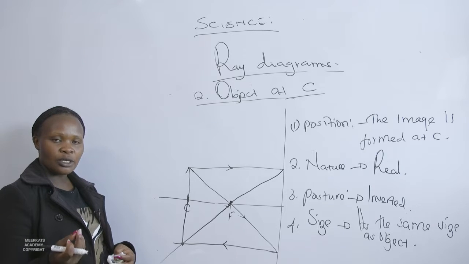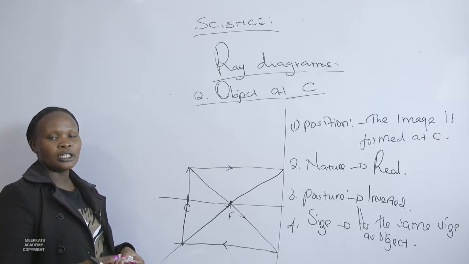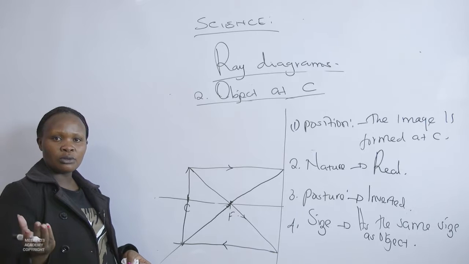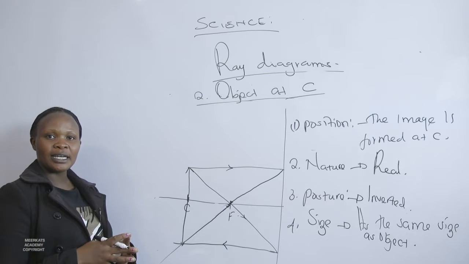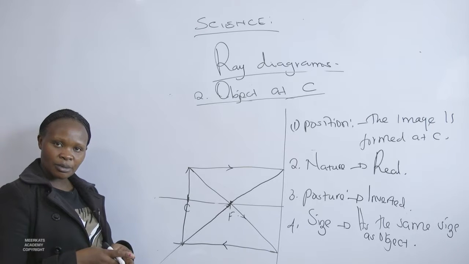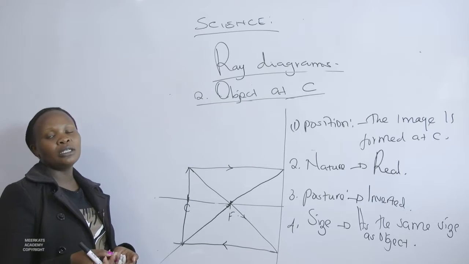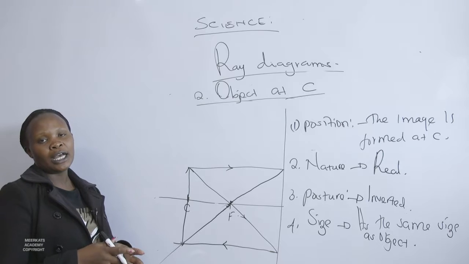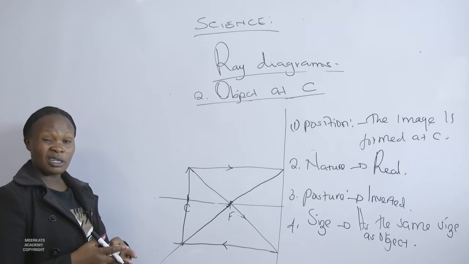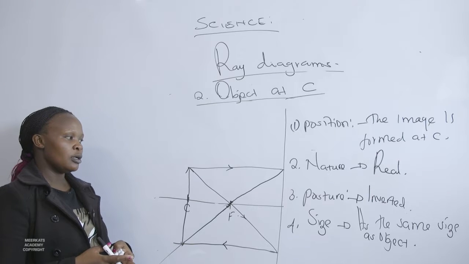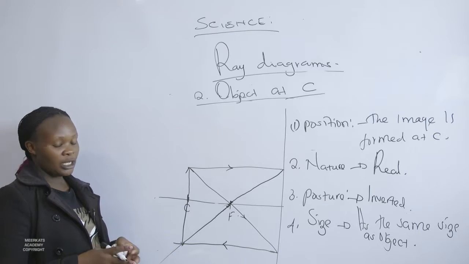Therefore, basically we are picking any 2 rays so that we can make them intersect at some point, which will form the tip of our image, and then we can go ahead and draw our image as well as describe it using what we can see.